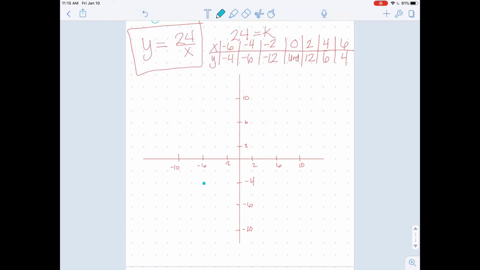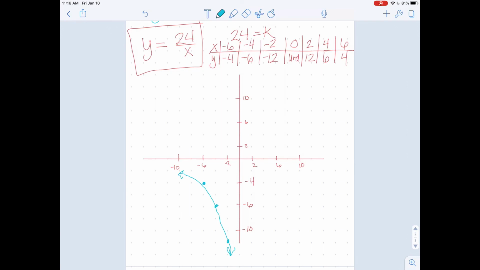Now we've got negative 4, negative 6. We're going to go back 4, down 6. And then we're going to go back 2, down 12. So we've got kind of this funky little U thing happening because it can't go to 0. It cannot meet at x equals 0 because it's undefined at that point.